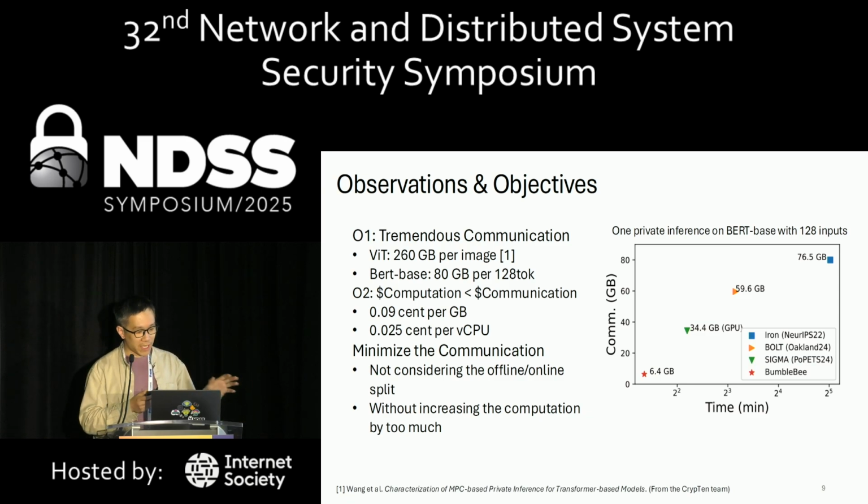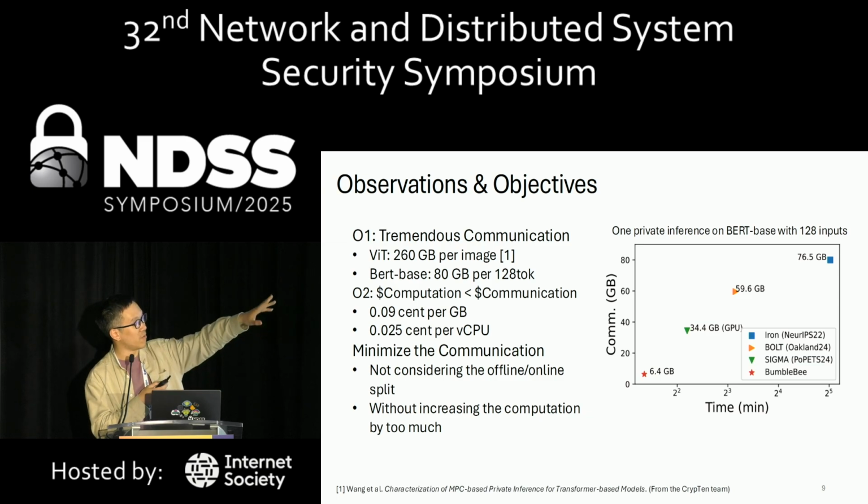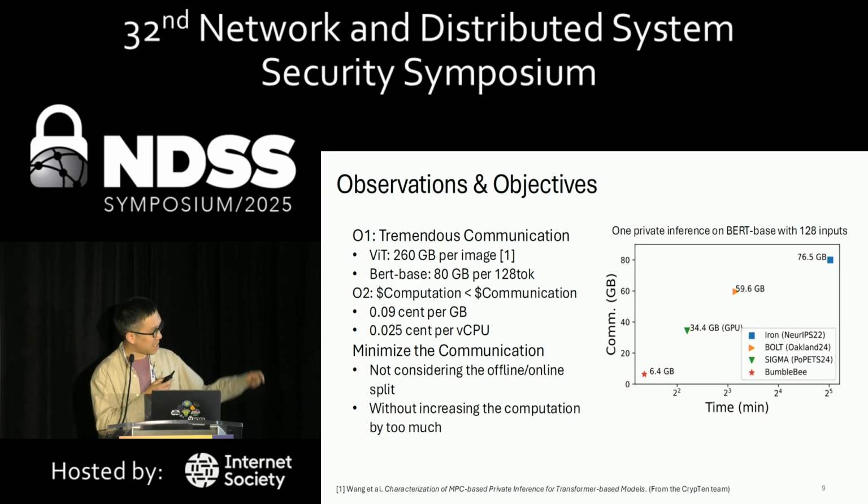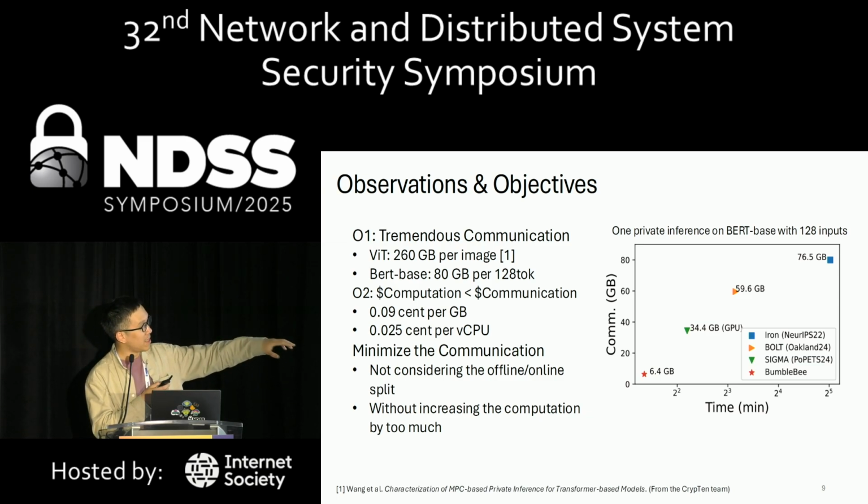Our goal here is to minimize the communication without introducing too much computation. With our approach under the LAN setting, we reduce the communication by about 1/10, and the computation running time is just a little bit shorter.